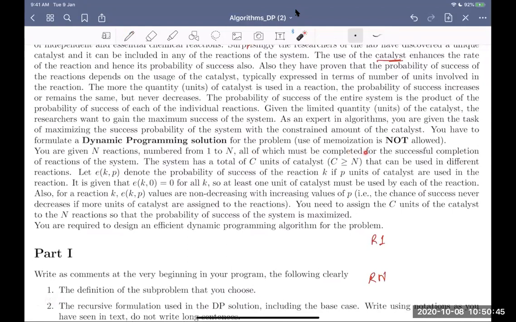All of these need to be completed for the successful completion of the system. That means in the system there are n reactions and all have to be completed. Now, what is also given to you is that there are a total of C units of catalyst.